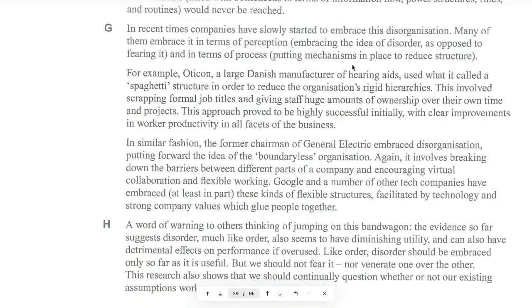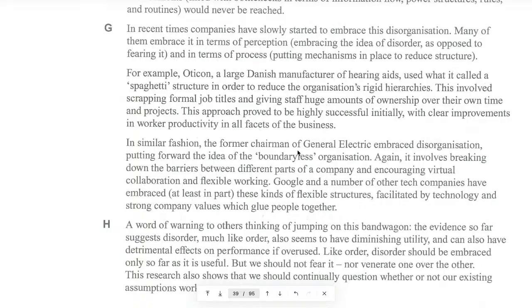Actually, I said that already. Disorganization. Okay. The first line: in recent times, companies have slowly started to embrace this disorganization. So that is the new approach. Okay. And whatever you read after that is just examples of how some organizations are using that kind of approach, disorganization.